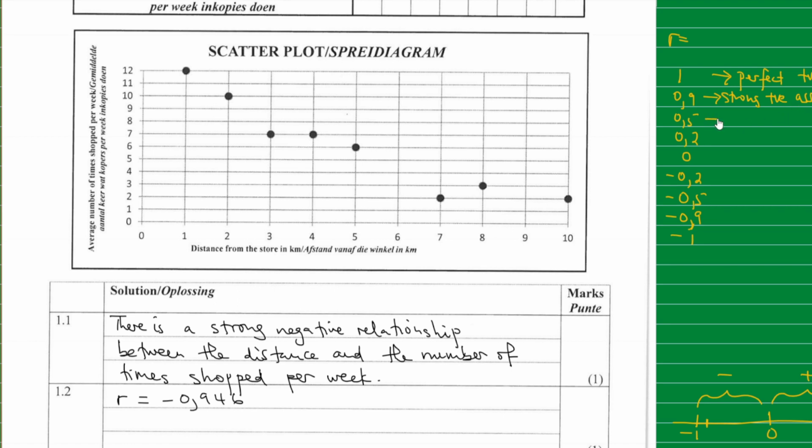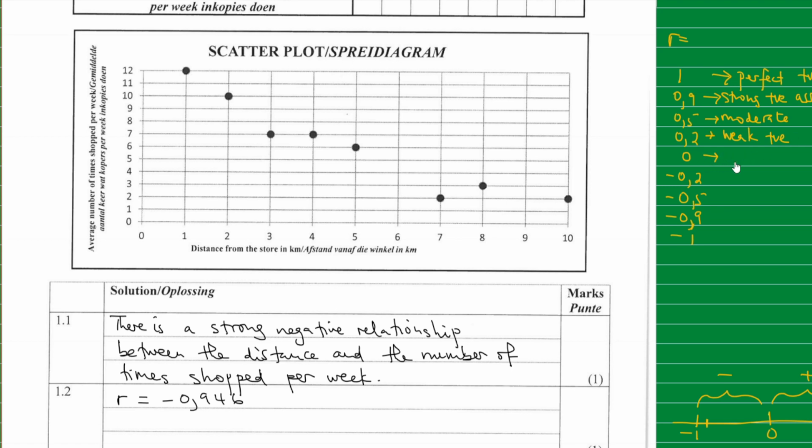If it is 0.5, we can say it is moderate, because moderate is halfway between 0 and 1. And then when it is 0.2, somewhere there, we can describe it as a weak positive association.